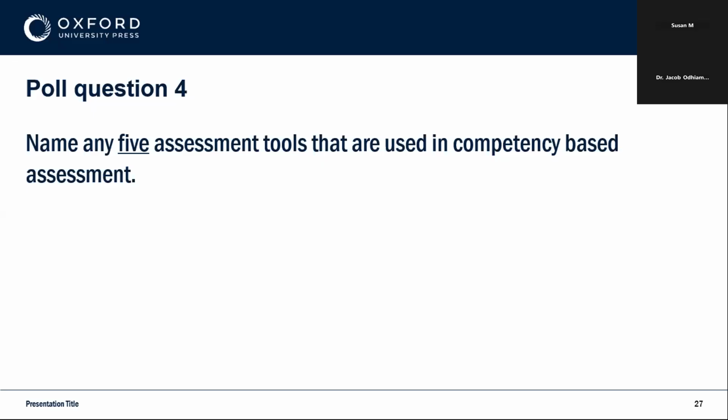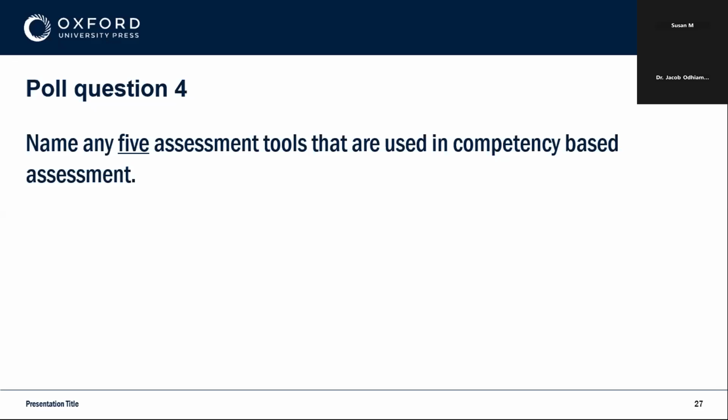Yes, I'm seeing rating scale. I'm seeing authentic tasks, written tests, rubrics, oral questions. Yes, a lot is being typed in. Portfolio is repeated by so many, and written assignments, written tests, checklist, observation, Q&A.